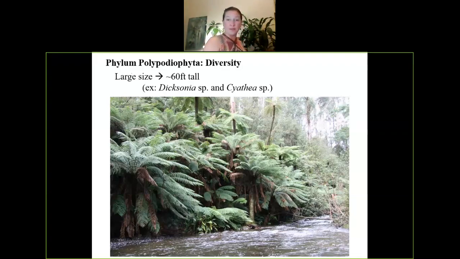Here are some examples of that along this river, right? All of these tree-like things. So here's one, right, with all of these things. These are ferns. So from the previous slide, we have just a few millimeters, a few centimeters to something that can grow to be like a tree size, 60 feet tall.